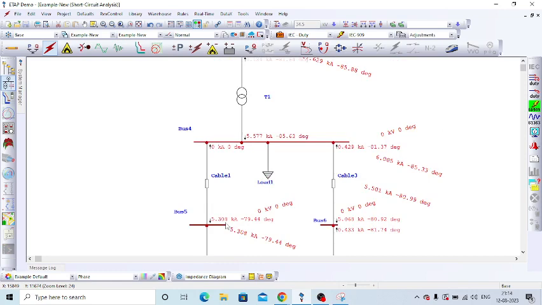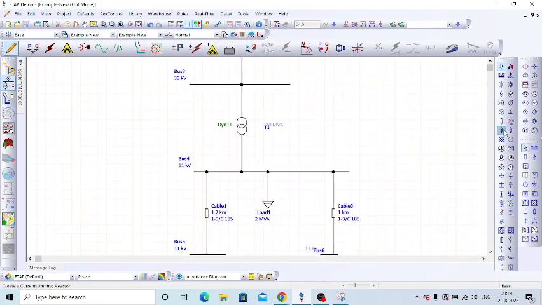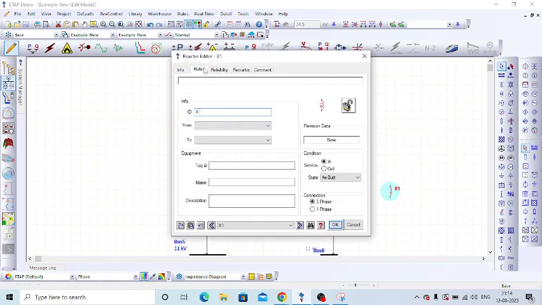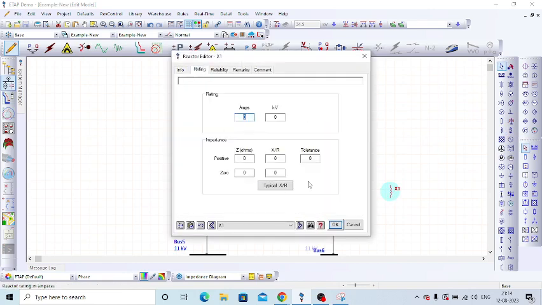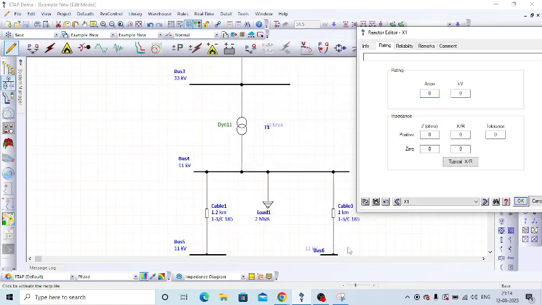So for that, what we can do is, there are some reactors, that is fault current limiting reactors. Normally this reactor we will add as a series reactor to the bus. So we will connect it in between the buses.